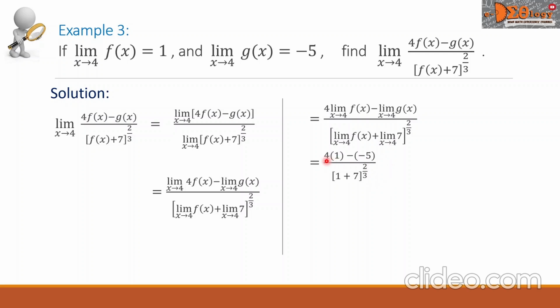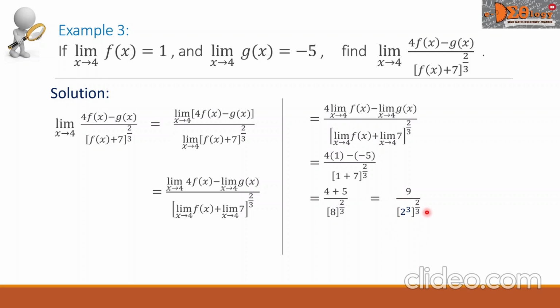Simplifying the numerator, 4 times 1 is 4, negative and negative becomes positive, and we write the 5, all over 1 plus 7 is 8, that is raised to the power 2 over 3. In the numerator, 4 plus 5 is 9, over. In the denominator, this 8 we can write as 2 cubed.